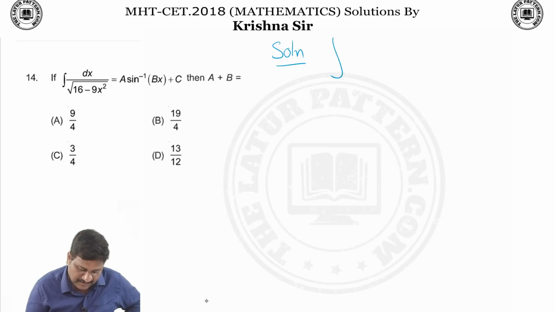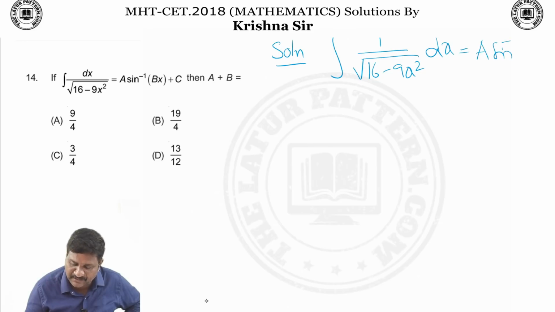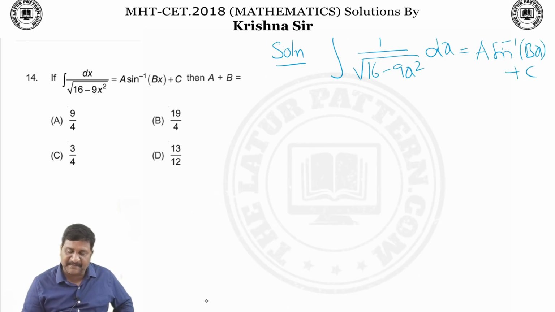Integration of 1 by root over 16 minus 9x square dx is equal to a into sine inverse (bx) plus c, then find a plus b.